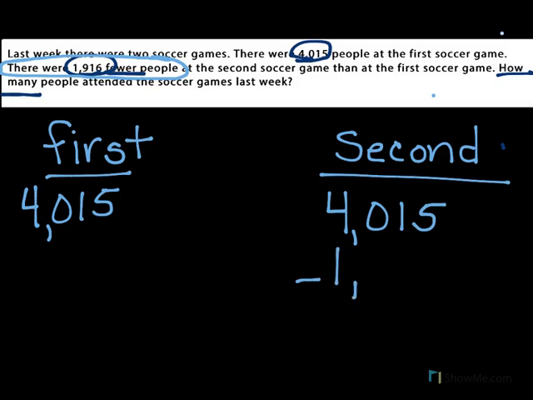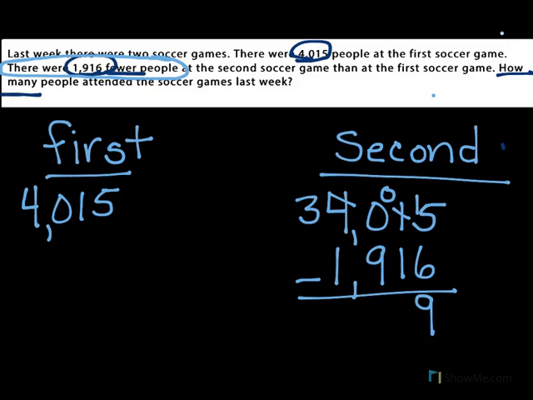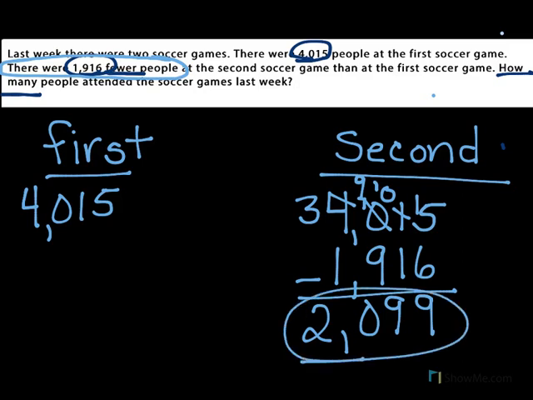Minus, let's see, 1,916. Okay, so 2,099 people were at the second game.